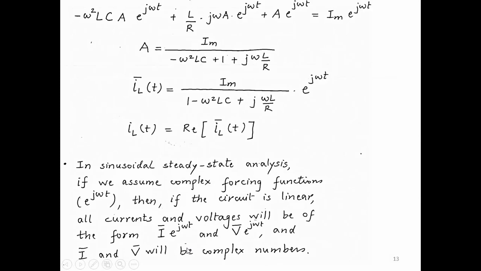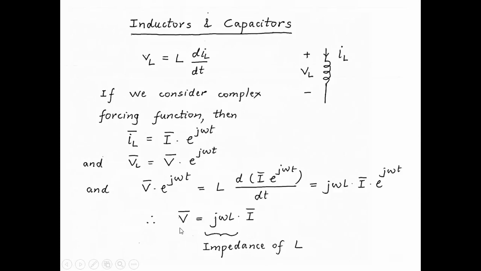Now, if the function is complex, then we can say that the inductor current and inductor voltage will be of this form: some complex constant times e raised to j omega t for both current and voltage. But we also know that V is equal to L dIL dt. So this is equal to L times d dt of this.